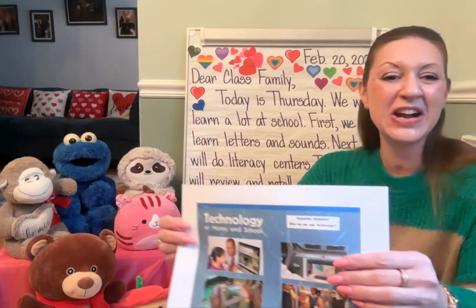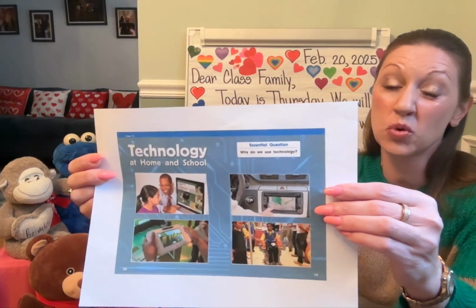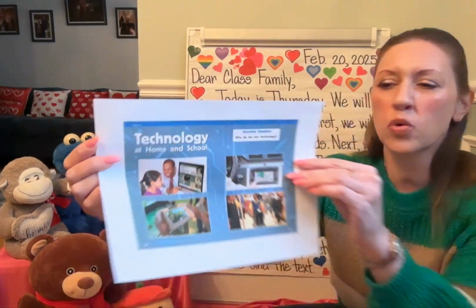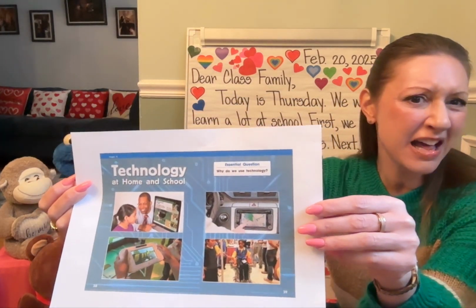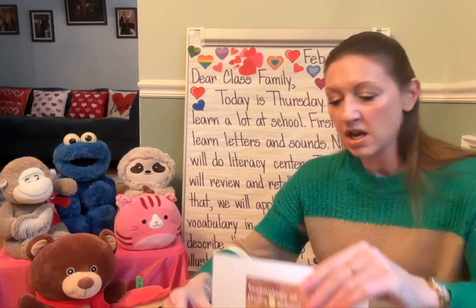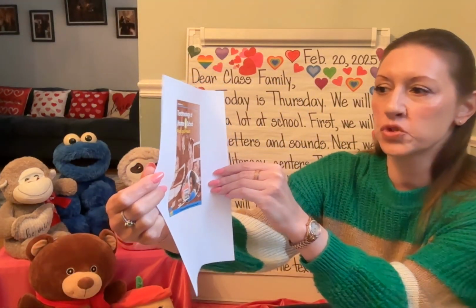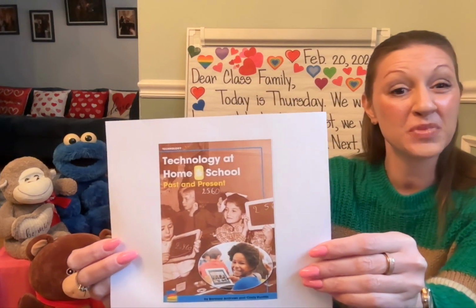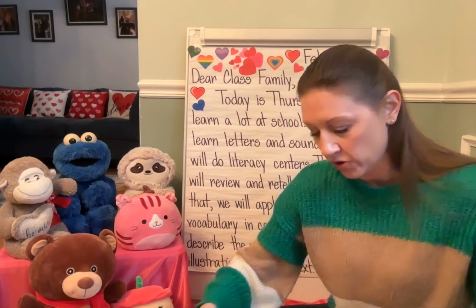Love, Miss Joyner. All right, so we've been focusing on technology at home and school, and our essential question is, why do we use technology? We have been utilizing the big book, Technology at Home and School, Past and Present. We have this non-fiction text as well as the electronic version online.